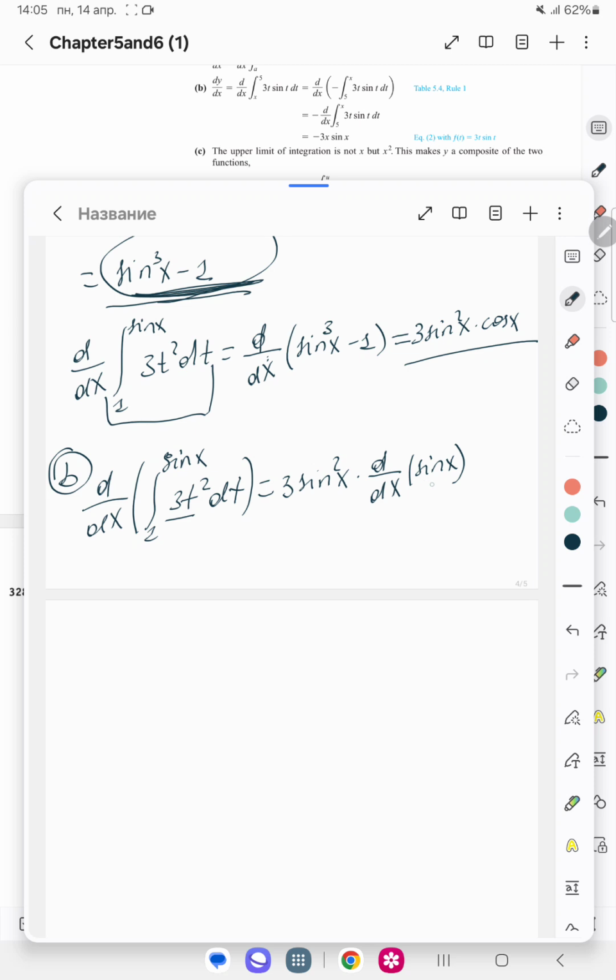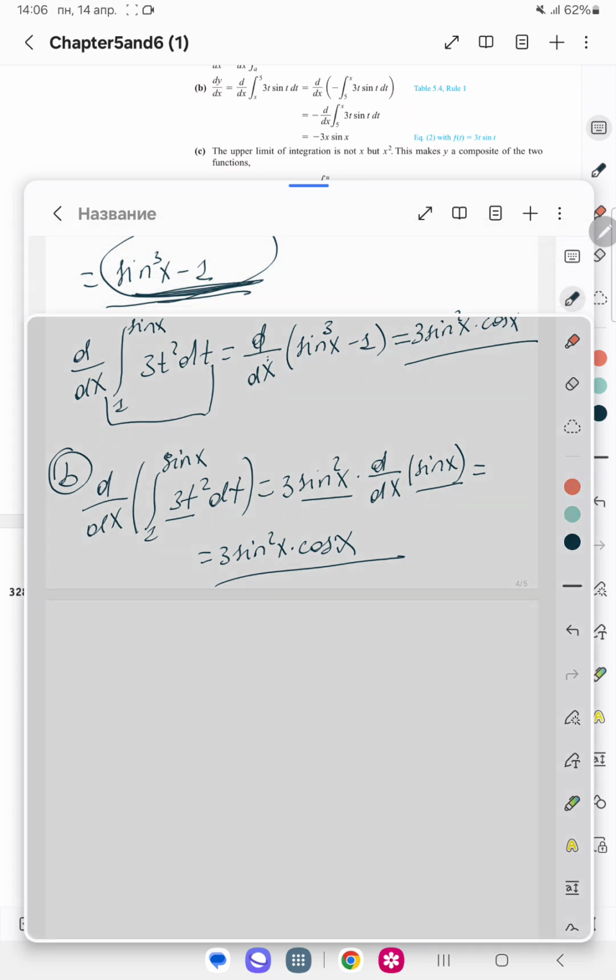Easy, not difficult. So I just put sine x instead of t, and then I differentiate the upper bound, which is sine x, equals 3 sine squared x times the derivative of sine, which is cosine x, and the same answer. And that's it.